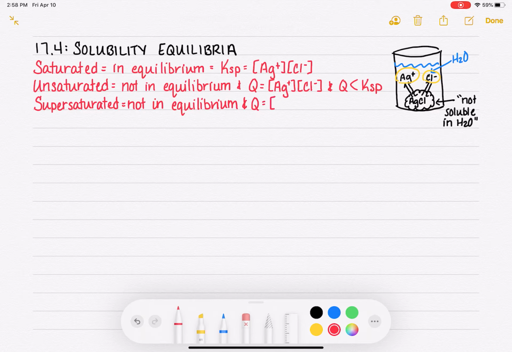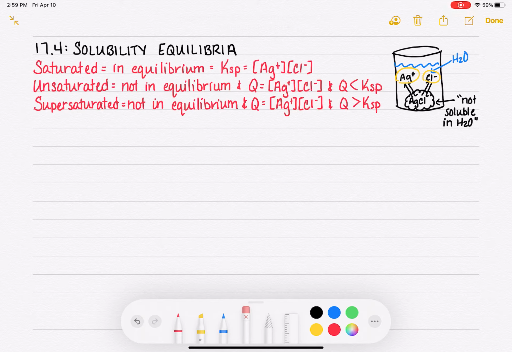We have to use the letter Q because we have to communicate this system is not in equilibrium. And this time, not in equilibrium because we're supersaturated. That means that our silver and chloride concentrations are too high, which means that Q will be too big. It's going to be greater than our Ksp. So that's just kind of a summary of what we did in the last video.